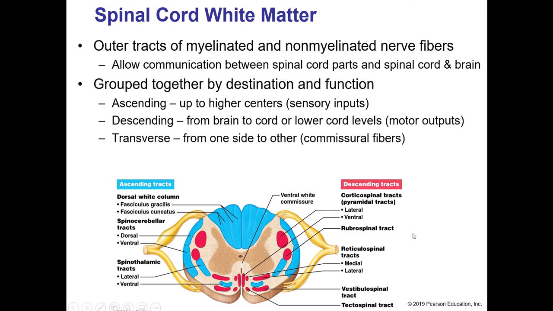Imagine taking a power cord and slicing through it and looking inside. That's what you are looking at here. We will look at the tracts themselves in this upcoming class, because it really confuses people. So I definitely want to make sure that we go over that in class.